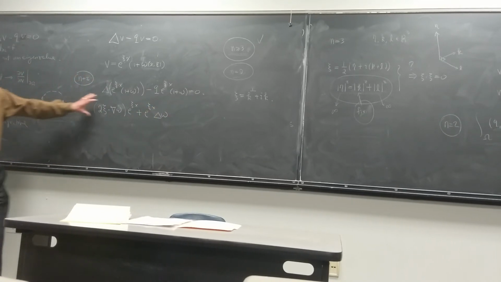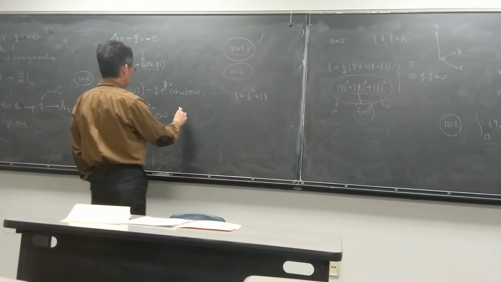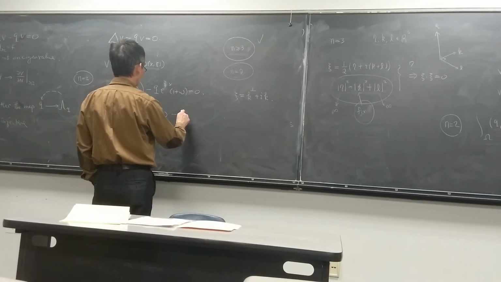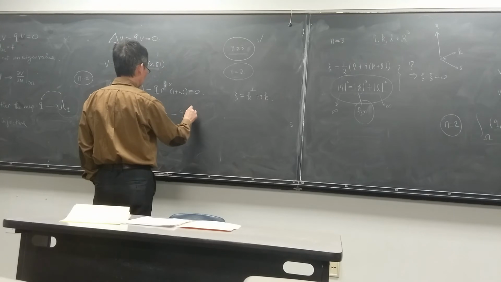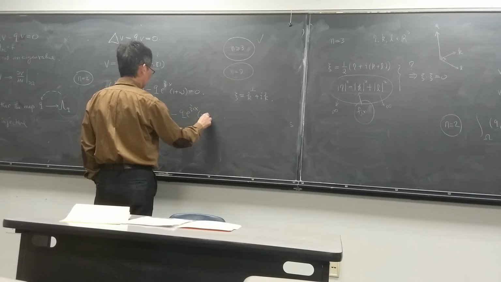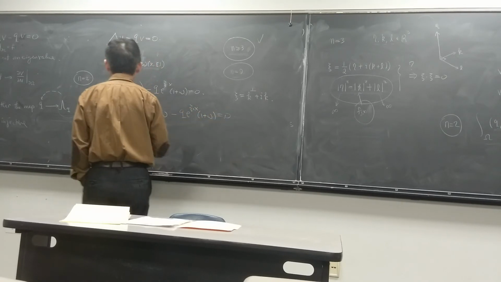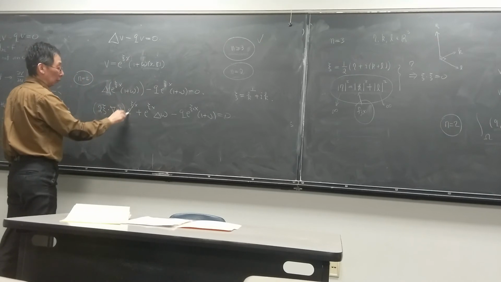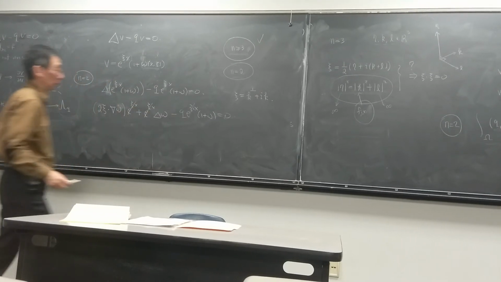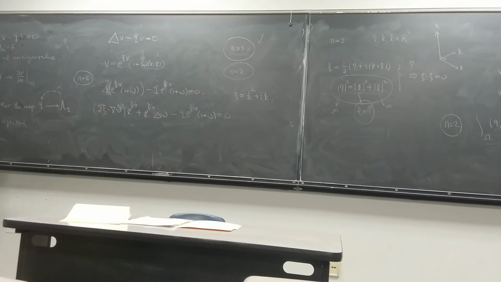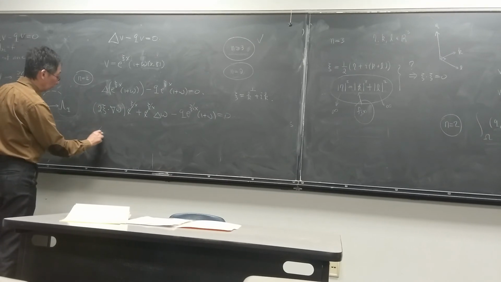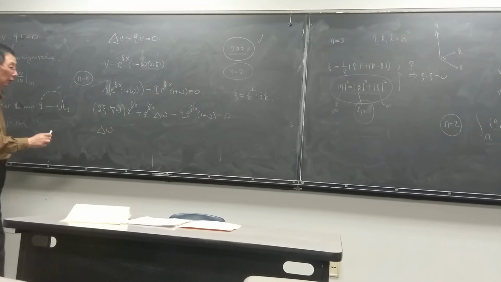So that's the first part. Then the second part is just this, Q e to the C dot x. Then you can see I can cancel all the exponential terms, the exponential part. So you are going to get an equation for omega that again is a second order elliptic equation.